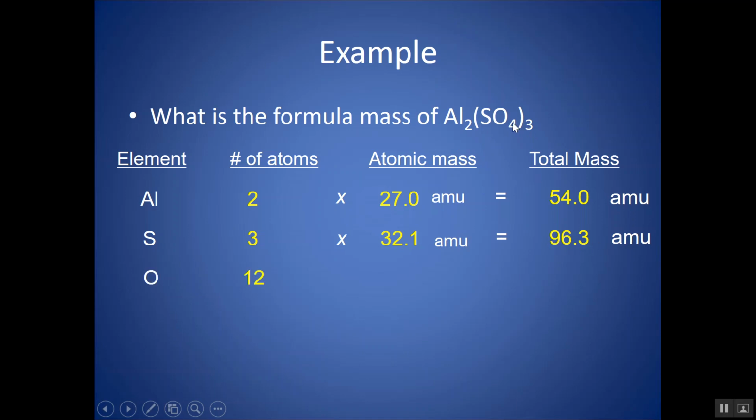And oxygen, there's 4 times 3, there's 12 of them. They each weigh 16, so that's 192, and if I add up all these masses, I get 342.3 atomic mass units. So one molecule, or this is an ionic compound, so we could say one formula unit of this ionic compound weighs 342.3 atomic mass units.